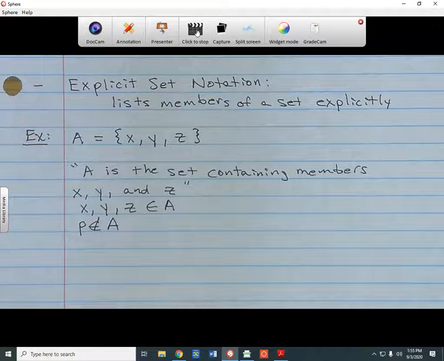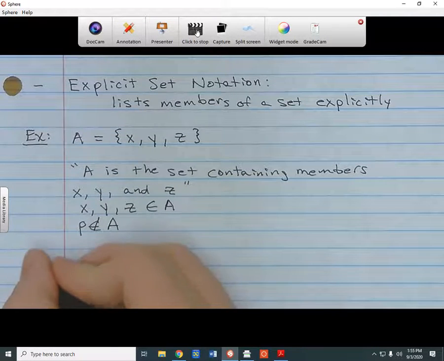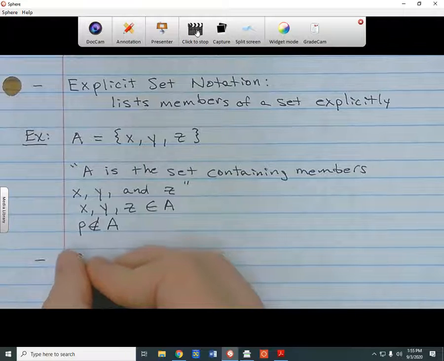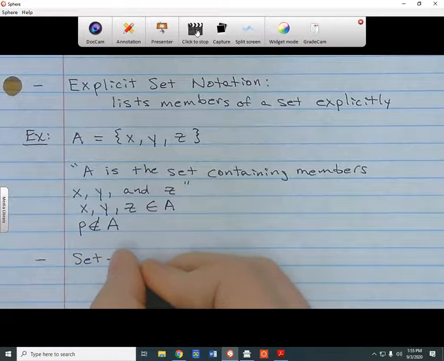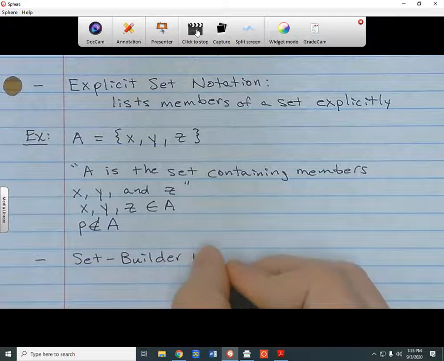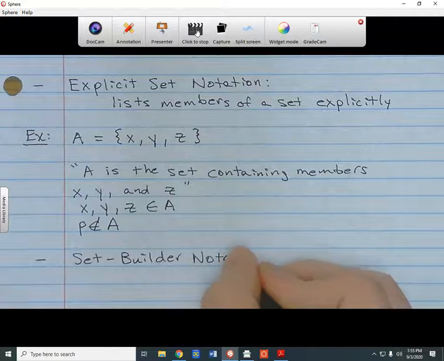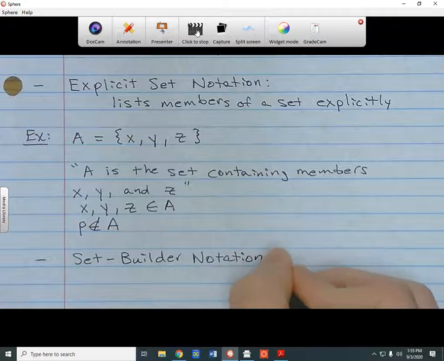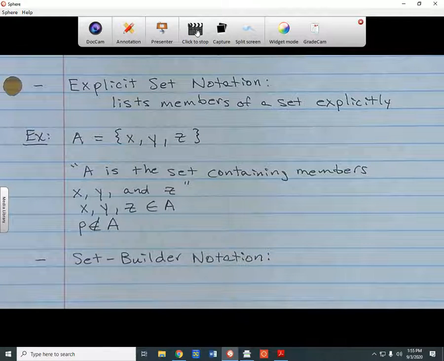Another way we can write a set is by set builder notation. So let's talk about that. Set builder notation builds the set.